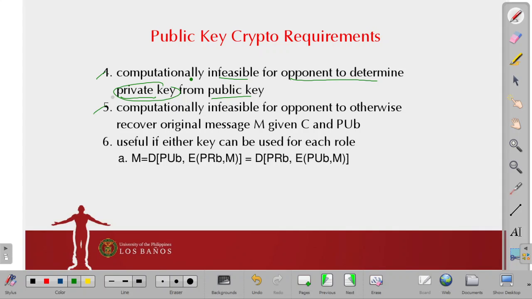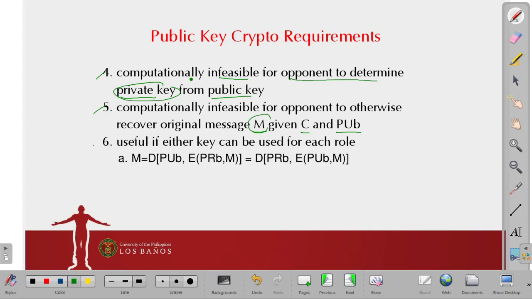Fifth, it should be computationally infeasible for the opponent to otherwise recover the original message M given C and the public key. So given the ciphertext and the public key, M cannot be derived from that.